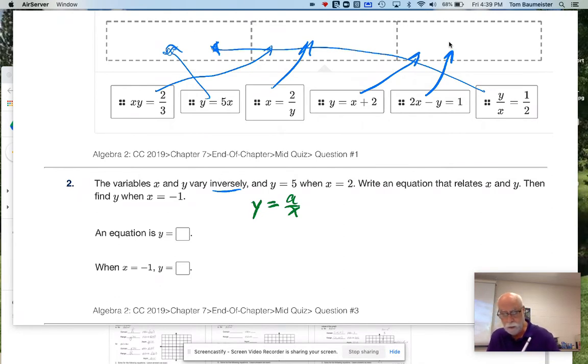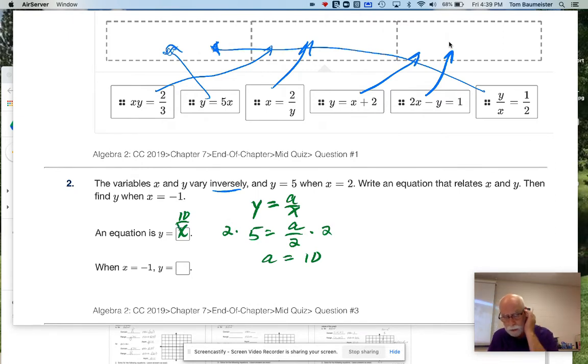All right, so they're saying that y is equal to 5 and x is equal to 2. So if I multiply both sides of that by 2, I'll get that a is equal to 10. So again, I'm going to plug that into our equation up here. And so that'll tell us that y is equal to 10 over x.